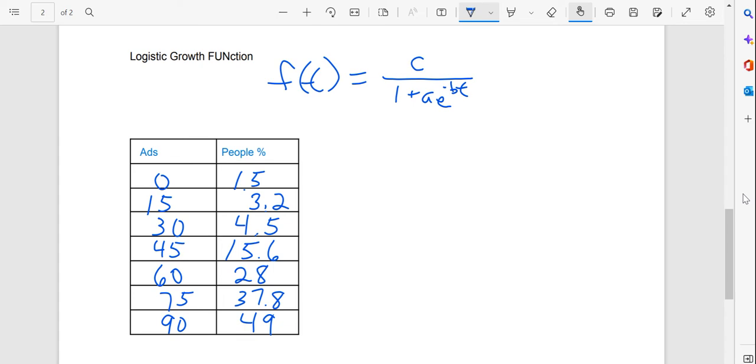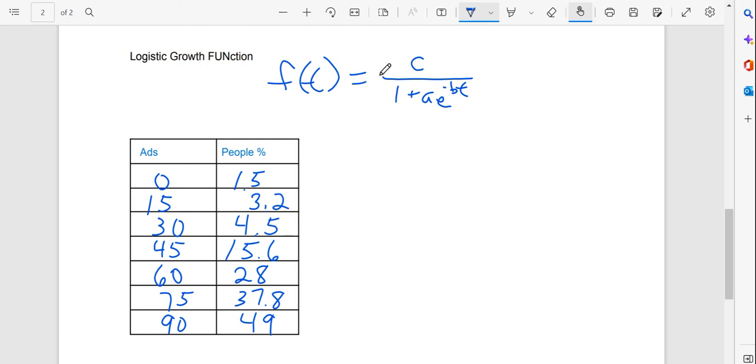Last function we're going to go through in this section, and this will be it: the logistic growth function. Okay. So these are good for whenever you have a problem like population in some instances, right? Because let's say a classroom, our classroom size could grow exponentially, right? But then eventually we're going to run out of room for people to be in there. So that's going to happen in certain cases, and that's where a logistic growth function comes in.